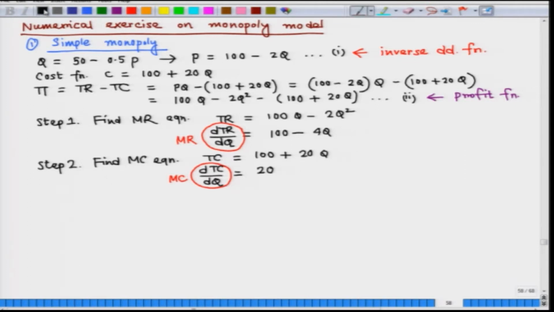Now, let us go to step 3, and here we now concentrate on the first order condition.